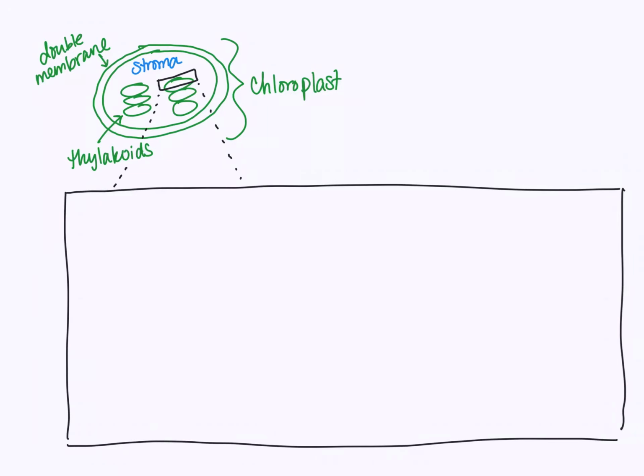Remember that the thylakoids and the membrane of the chloroplast are made up of these phospholipid bilayers. These phospholipid bilayer membranes are very similar to what we looked at when we learned more about the structure of the cell membrane.